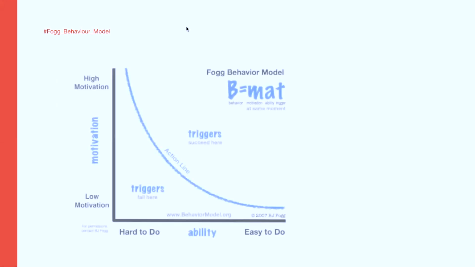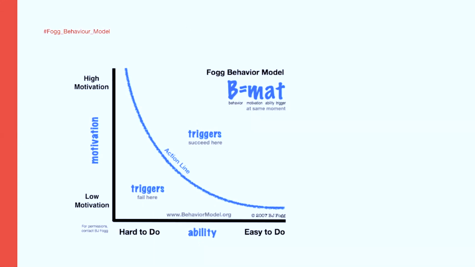There's also a very important model that you should account for when you're talking about usability, which is the Fogg behavior model, developed by Dr. Fogg, professor at Stanford University. Basically, what this model tells us is that the harder it is to do something, the more motivated you have to be to complete the task.